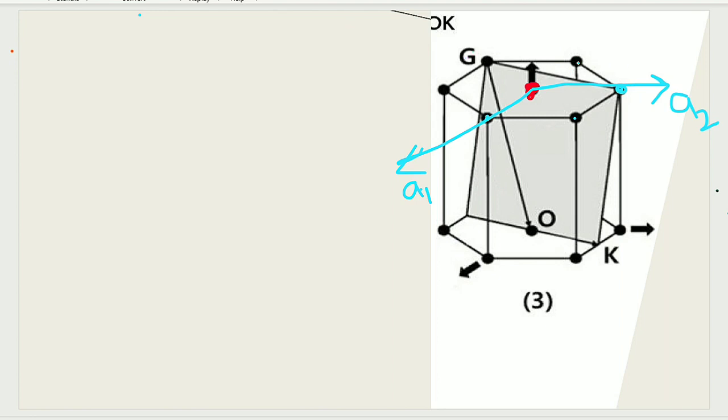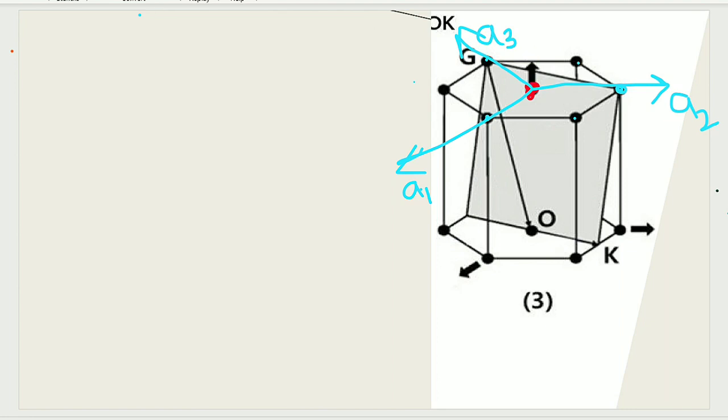Then leaving this third, it's fourth corner actually, leaving this corner untouched, the next corner is point G. From origin to point G is the a3 axis. And for the z axis, vertically upward is the z axis, but it doesn't give us any information.